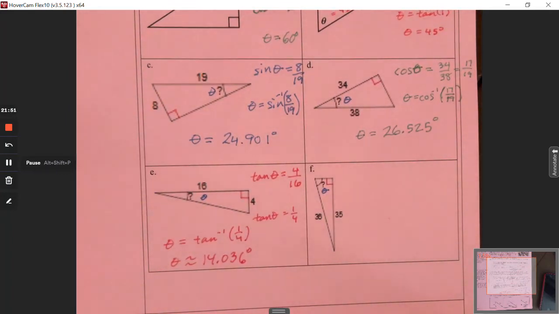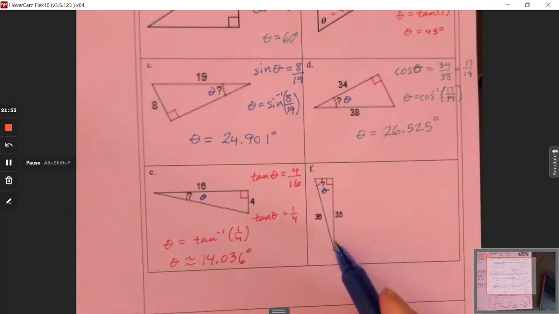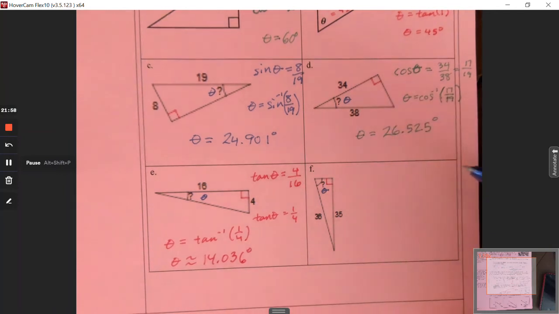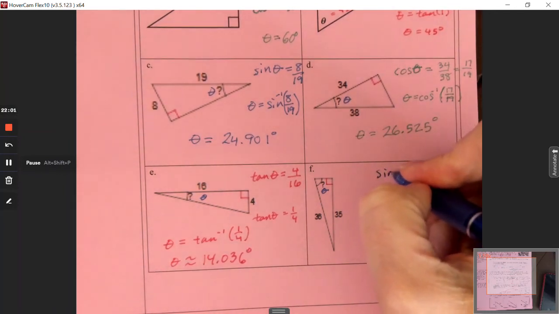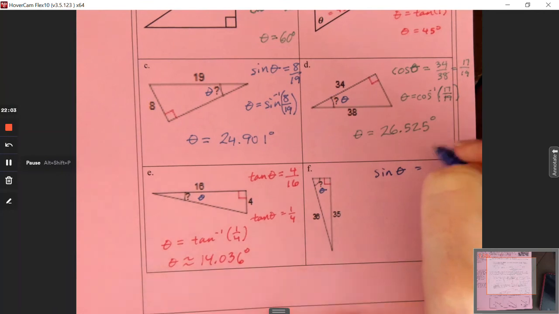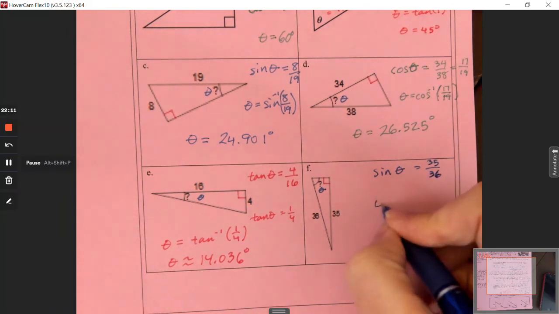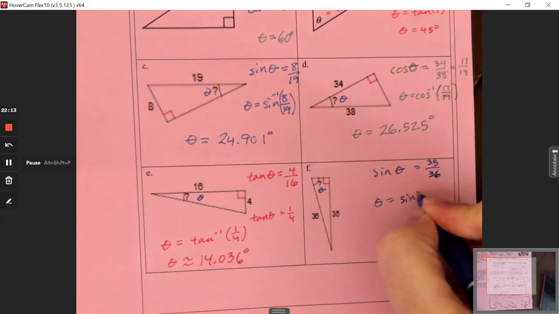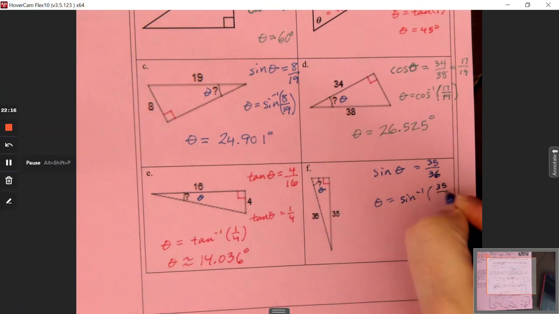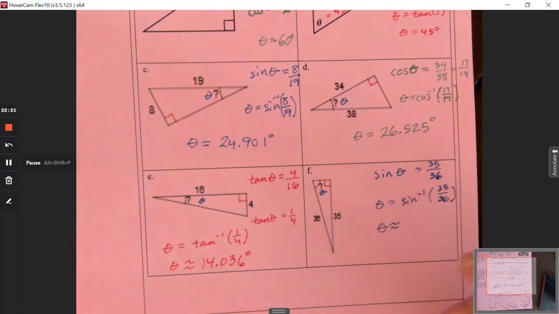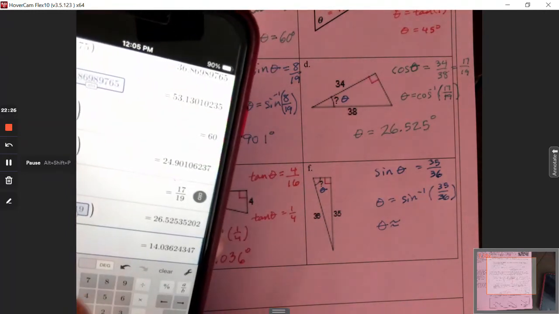So theta is approximately equal to sine inverse of 35 over 36, which is 76.464, rounding up. Okay, good luck.